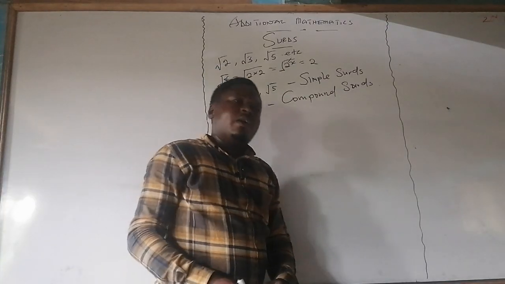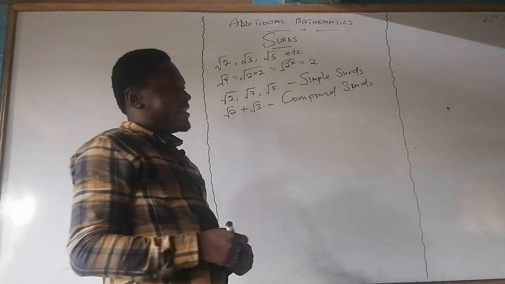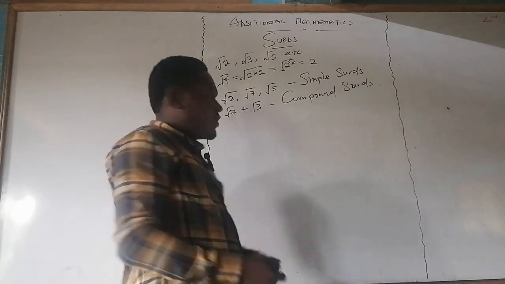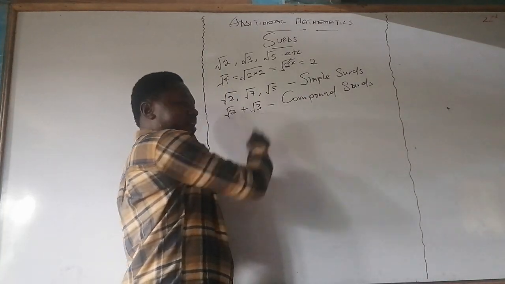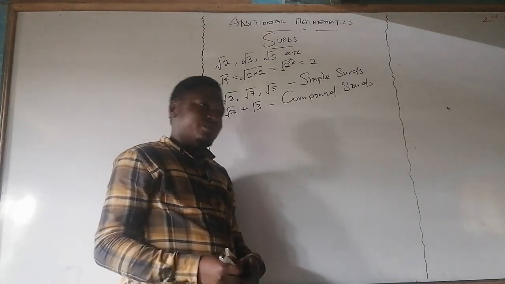All right, now in operating on surds like this, we can only add or subtract them if whatever is inside the bracket is the same. In this case, 2 and 3 are not the same, so we cannot add these two surds.